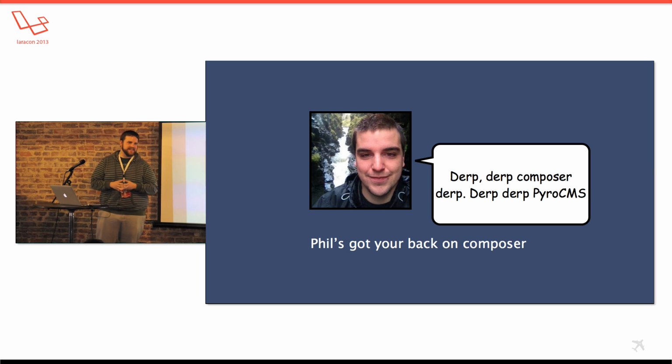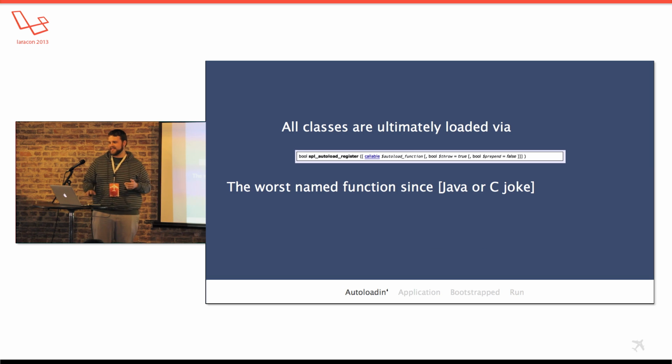But Composer essentially does what the next thing does, which is spl_autoload_register, PHP's terribly, terribly named class autoloader function. It's used everywhere whenever you need to get a class going. It's used in Composer, it's used in the 2 tools I'm going to talk about next.